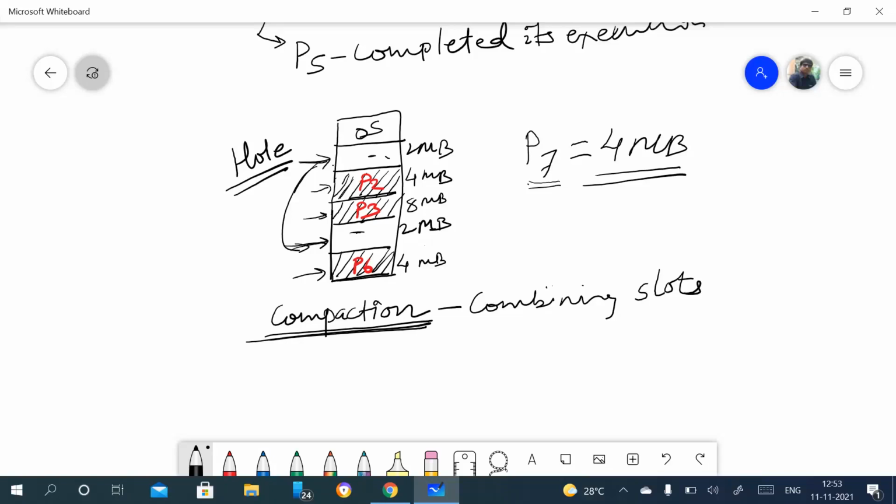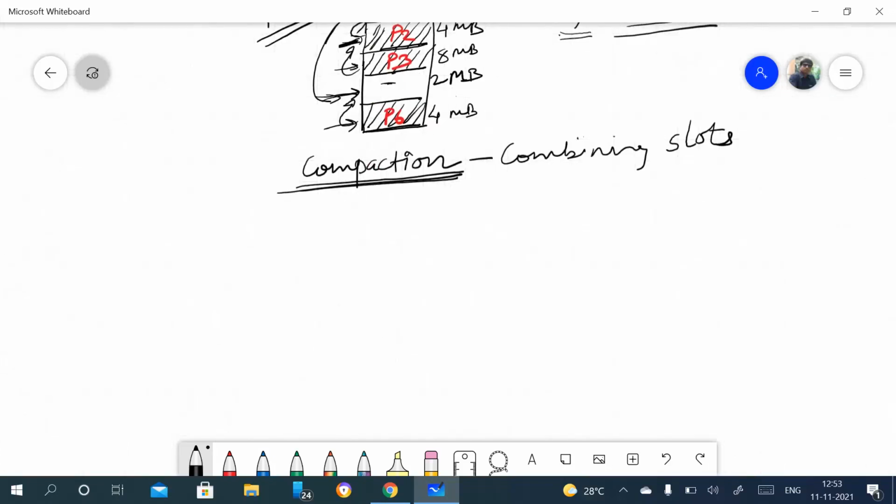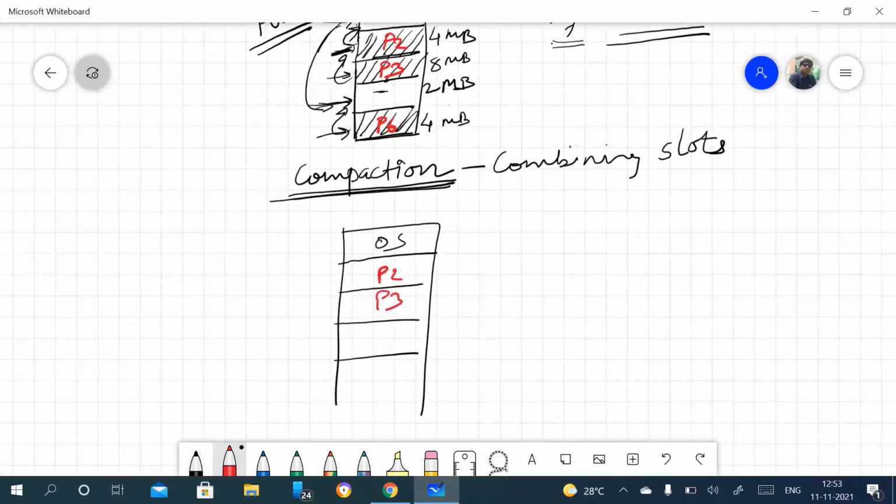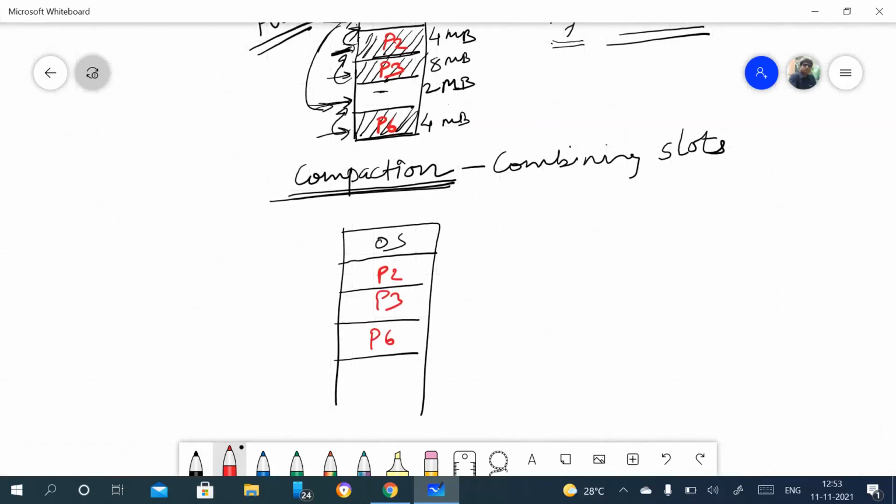P2 we need to shift over here, then P3 again we need to shift, and P6 also, so that after compaction the representation would be P2, P3 and P6, and this is 4 MB free, right?